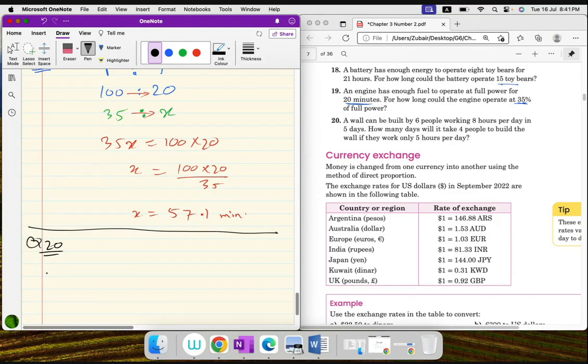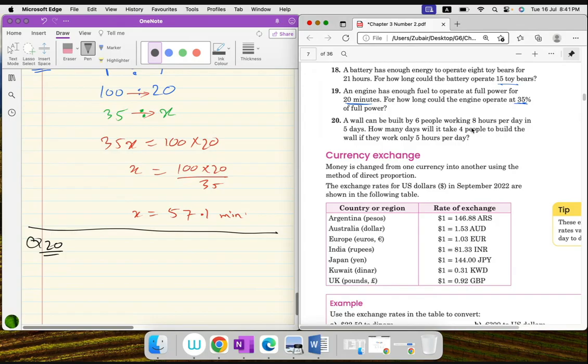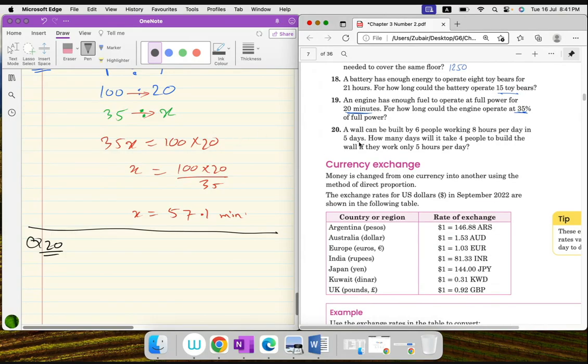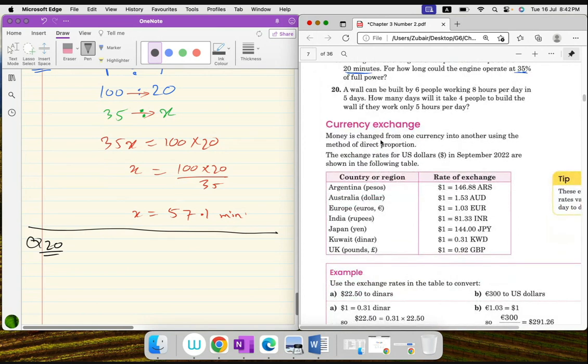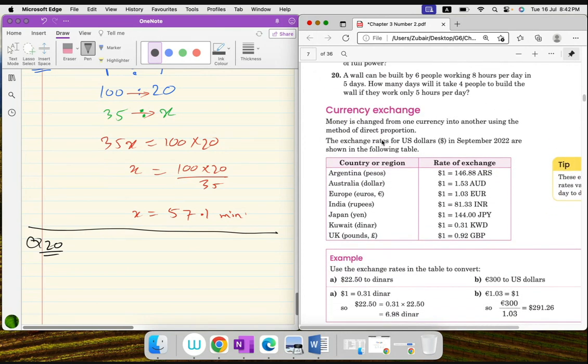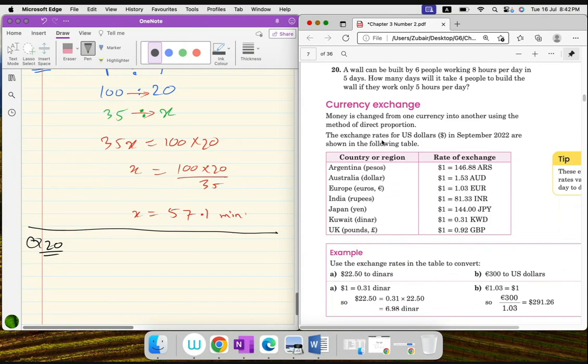Question number 20. A wall can be built by 6 people working 8 days. Okay, now this is of that same nature. Try this one. Question number 20. Okay, sir.